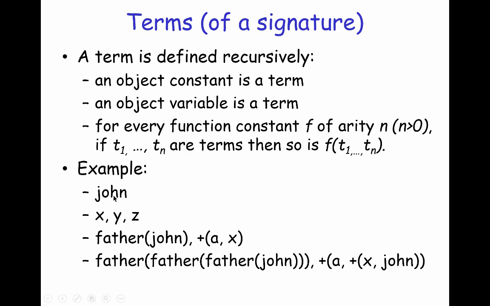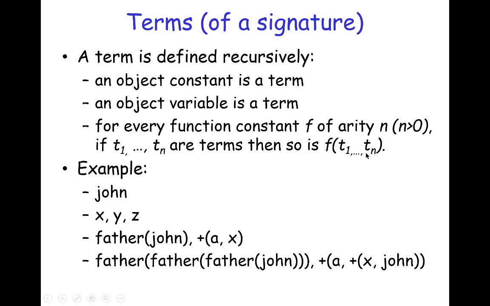And for object variables, we usually use x, y, z, or sometimes with subscripts. These are object variables, and as I said, you can use these variables at any time, and these are terms as well.